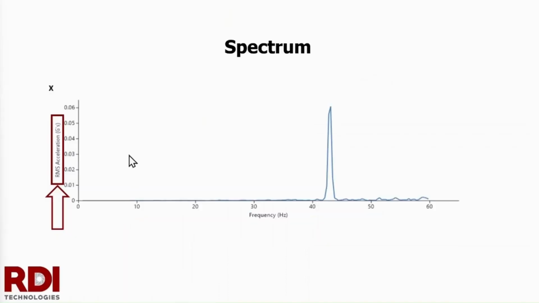And so if we look at our spectrum now and we're looking at Gs, note that the amplitude scale is RMS acceleration in Gs, and the scaling of our peak is about 0.06 Gs. So we might say, yeah, we have about 0.06 Gs of vibration.